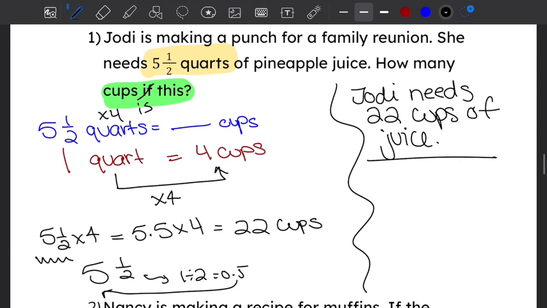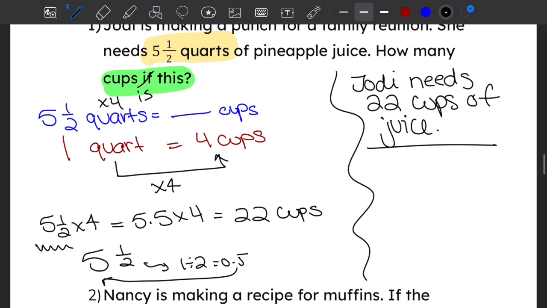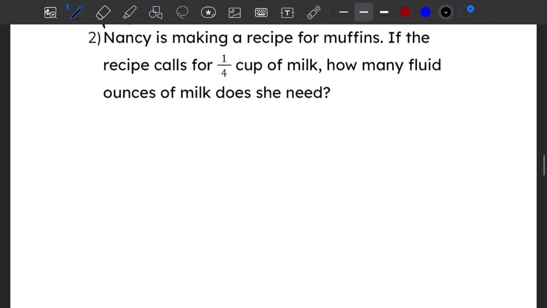All right, let's move on to the next question. In this question, we have Nancy who is making a recipe for muffins. If the recipe calls for 1/4 cup of milk, how many fluid ounces of milk does she need? So that is the question. We want to know that amount in fluid ounces.